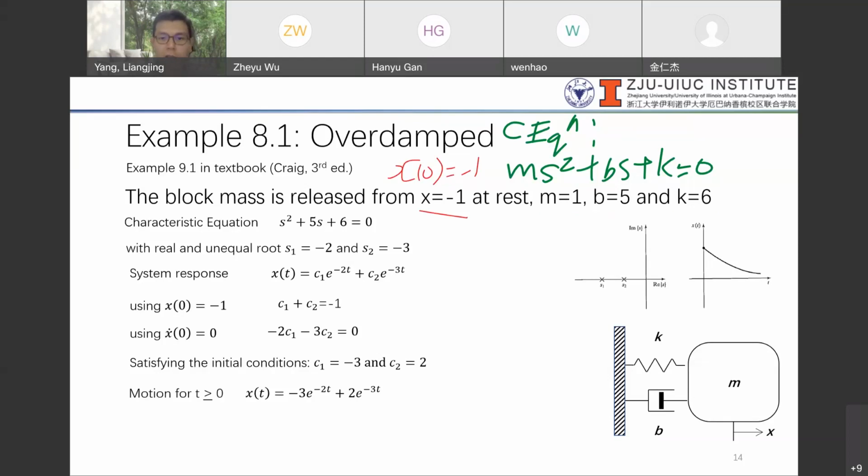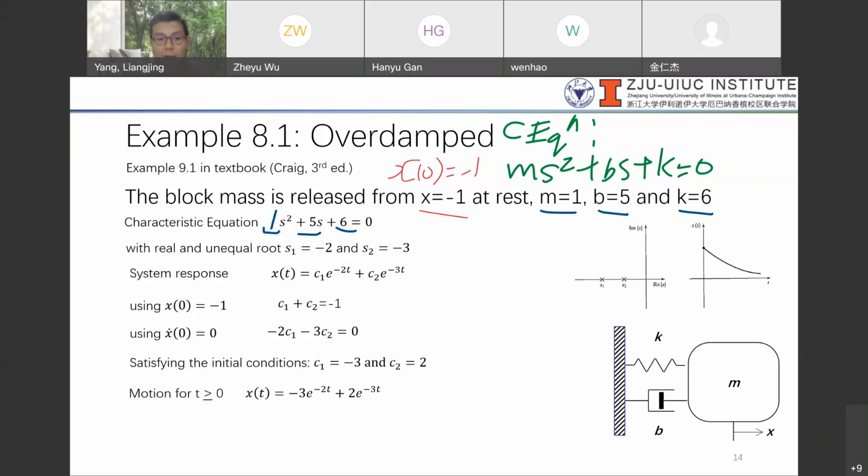Okay, so we plug in our values, this one, right? And so in this case, when we solve for the roots of our characteristic equation, we have S1 equal to -2, S2 equal to -3.